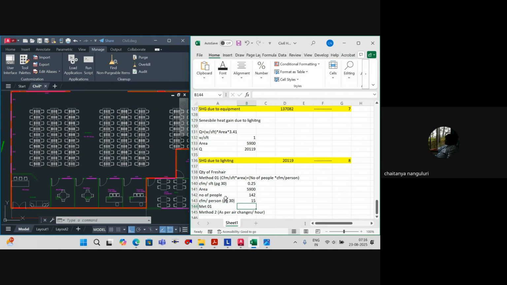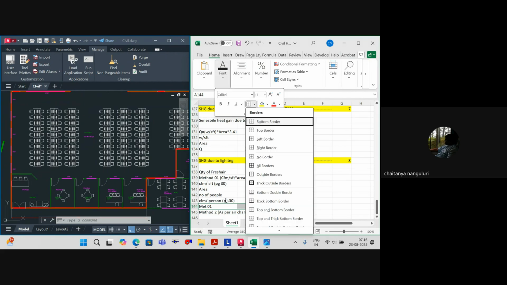So in this method, CFM is equal to CFM per square feet into area, plus number of people into CFM per person. You'll automatically get this value. This is method 1.